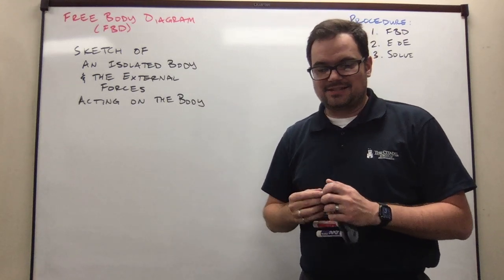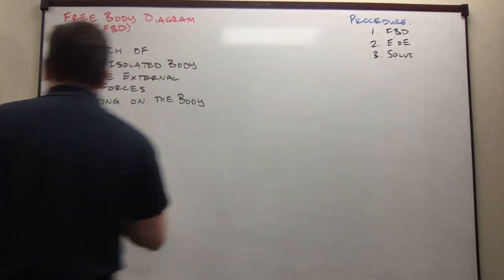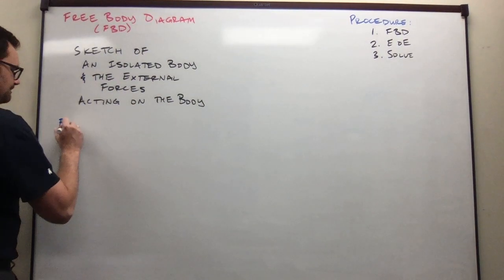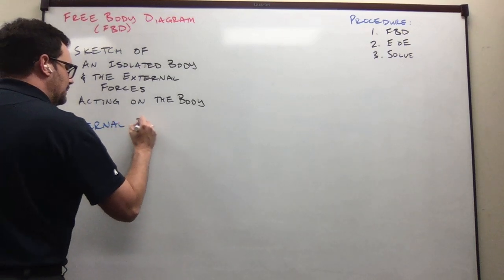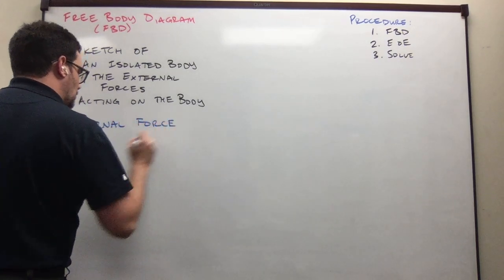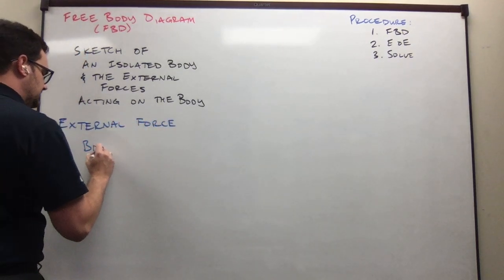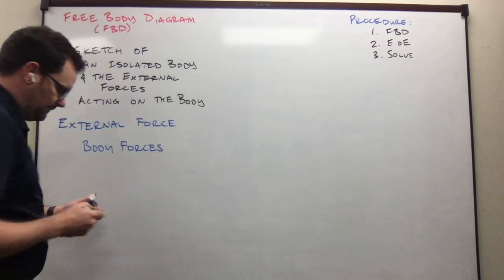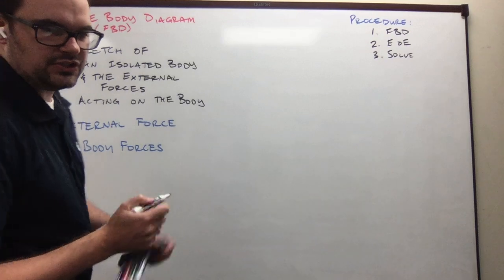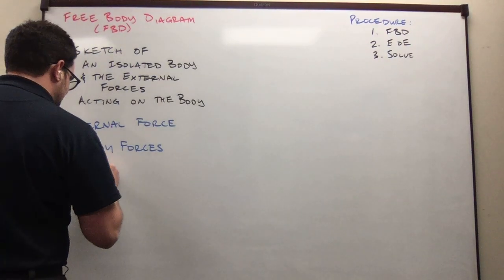When we think about these external forces, there's three classes of external forces that we might talk about. The things that would push and pull on a body. We might have body forces. Body forces are typically forces associated with the mass.